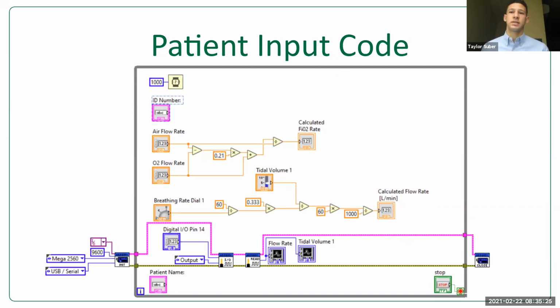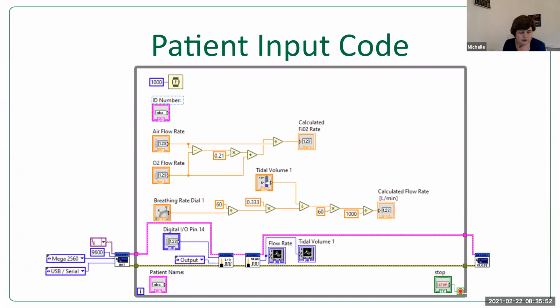Does that make sense? I think so. You're calculating it from the measured O2. Yes. And the airflow rate. So whatever is inputted for the O2 flow rate and the airflow rate will calculate our FiO2 rate. And then whatever that breathing rate is, we'll calculate our calculated flow rate.